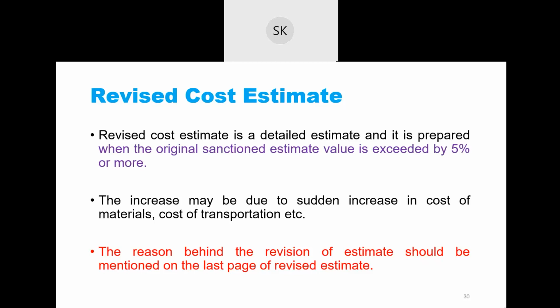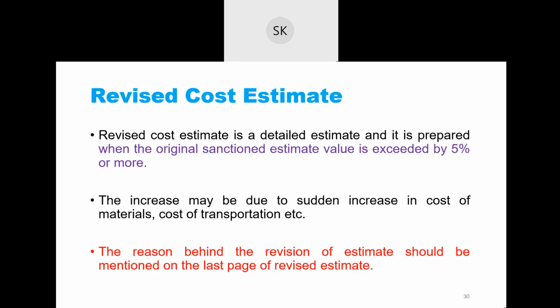Suppose the government has sanctioned 5 crore rupees for a government building, saying this building will be completed in 5 crore rupees. But due to some site conditions, natural calamities, or any reason, the project is costing 7 crore rupees.